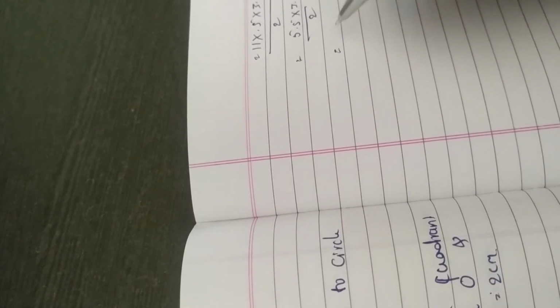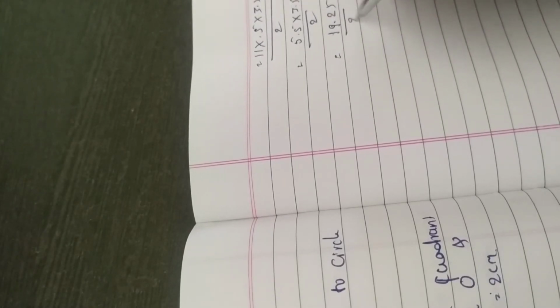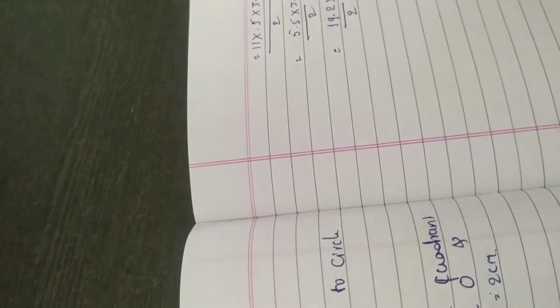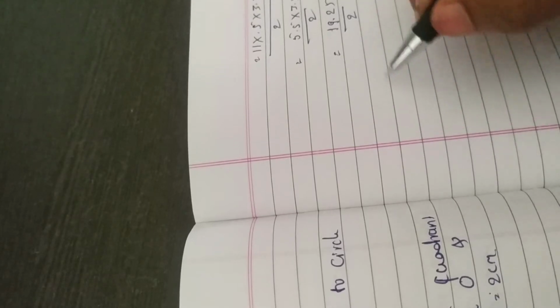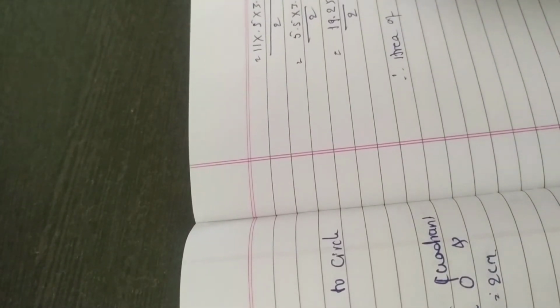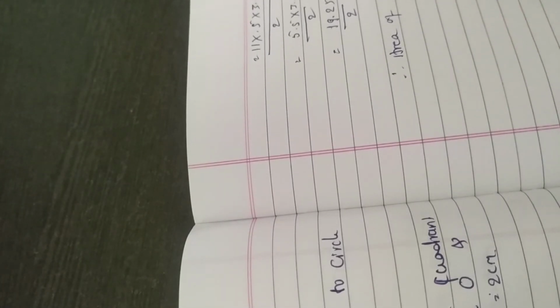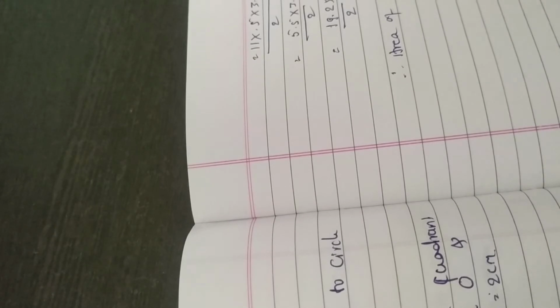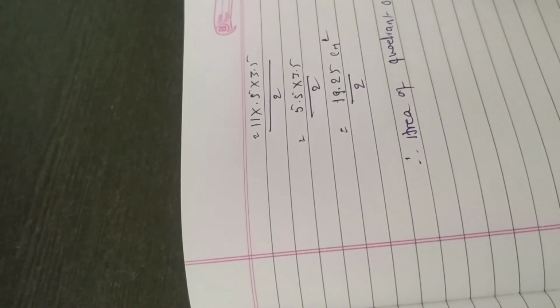It is equal to 19.25 divided by 2 centimeter square. So this is the area of the quadrant. You can simplify, and you will get 9 point something. Therefore, area of quadrant OACB is equal to 19.25 divided by 2 centimeter square.